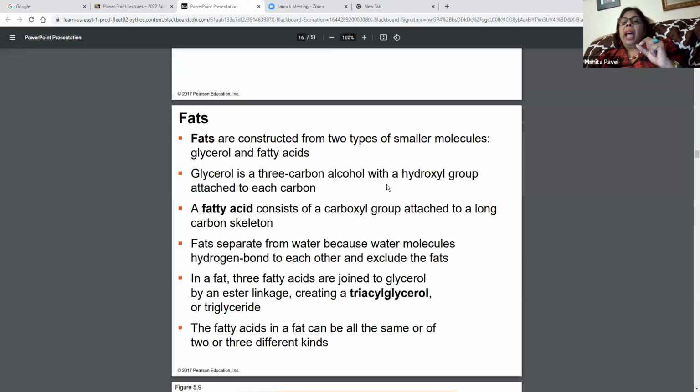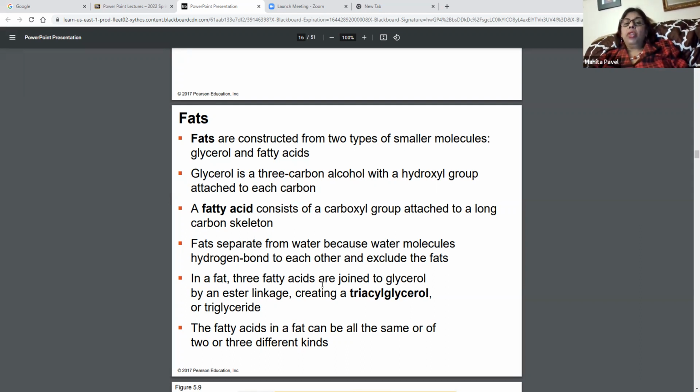So it's a 3-carbon alcohol with a hydroxyl group attached to the carbon atom. And a fatty acid will have a carboxyl group, a COOH group, which is that acid group, attached to the carbon skeleton. So fats are going to separate from water. Why? Because they are insoluble in water.